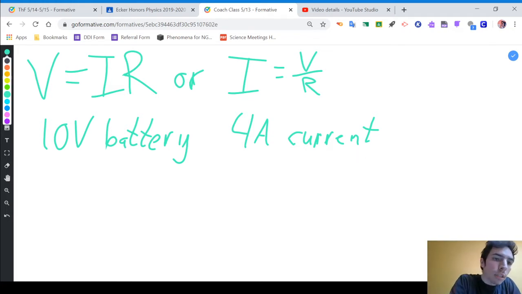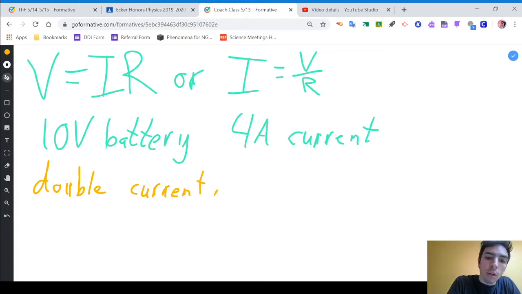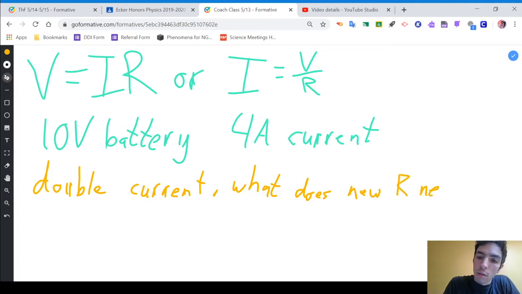And the question for us is, if we wanted to double the current, so get electrons flowing through this system twice as fast as before, what does the new resistance need to be to make that happen?